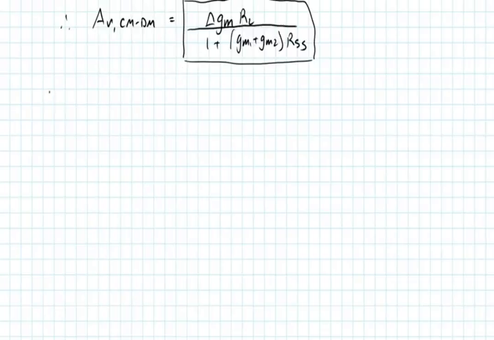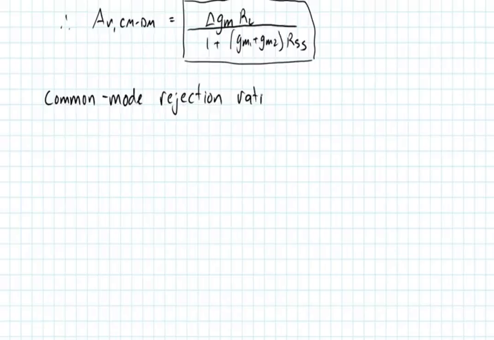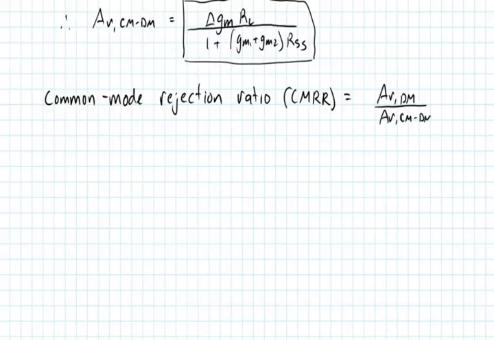So let's go ahead and define what we mean by common mode rejection ratio, or CMRR. What we typically mean by this is the differential mode gain of the circuit divided by the common mode to differential mode gain. Okay, and so we know what the differential mode gain is.